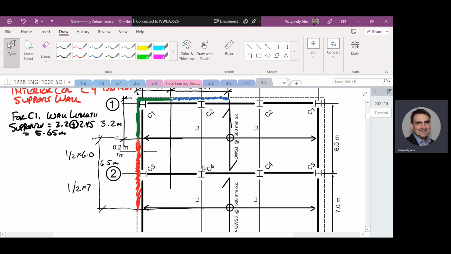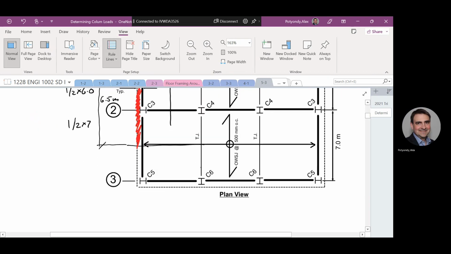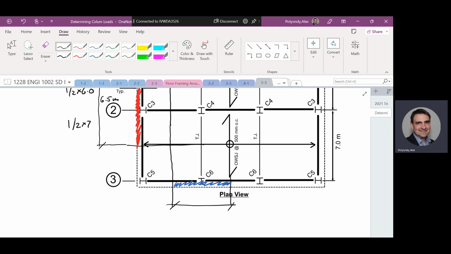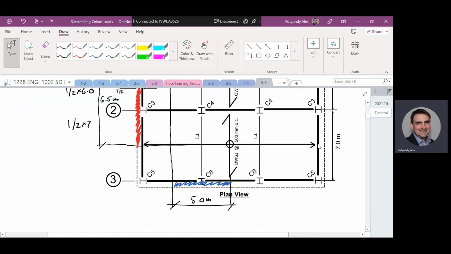Oh yeah, I can do something else here too. For C6, if you notice, C6 is going to have the same amount of wall support as C2. And that's going to be 5 meters. All right. So maybe 5, 6.5, and 5.